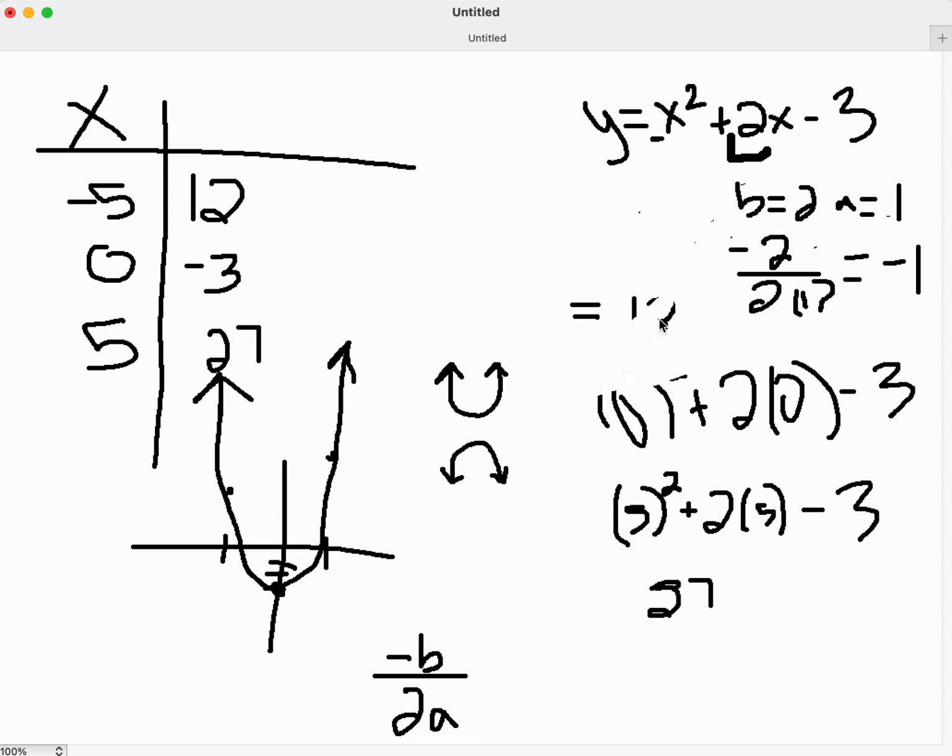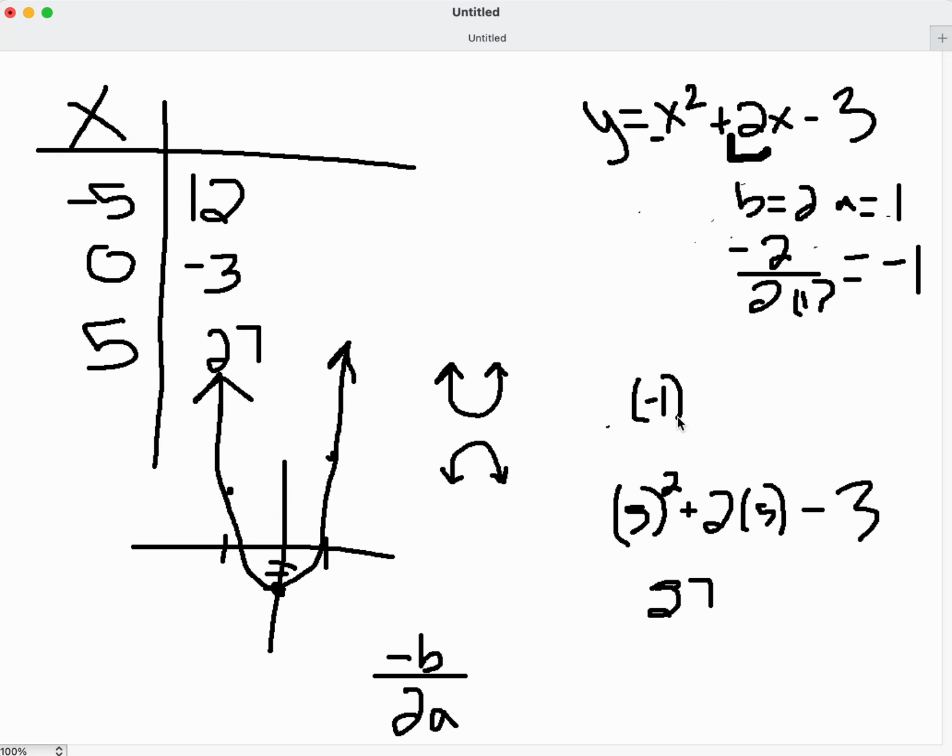If I want to find the y value so that I can find the vertex, I'm going to do the same thing I just did in my table of values, and plug that -1 back into the equation. So I'm going to get -1 squared plus 2 times -1 minus 3.